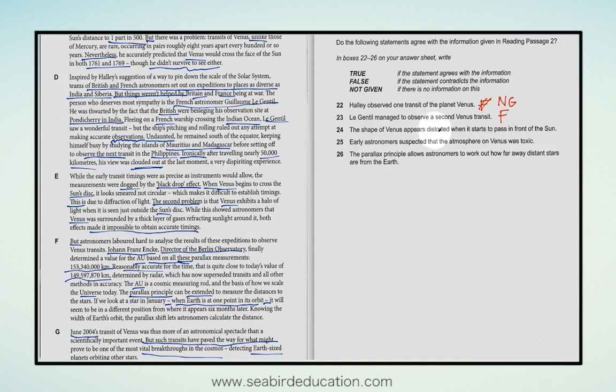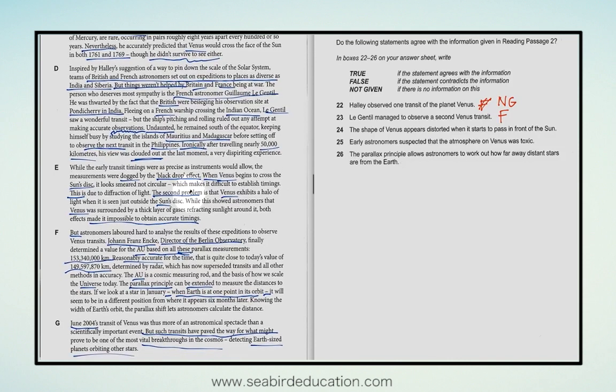The shape of Venus appears distorted when it starts to pass in front of the sun. I think that's right. It looks smeared, not circular. Difficult to establish timings across the sun. Smeared, not circular. So the shape looks distorted. That's true. Early astronomers suspected that the atmosphere on Venus was toxic. A thick layer of gases, but toxic, I don't think that's mentioned.